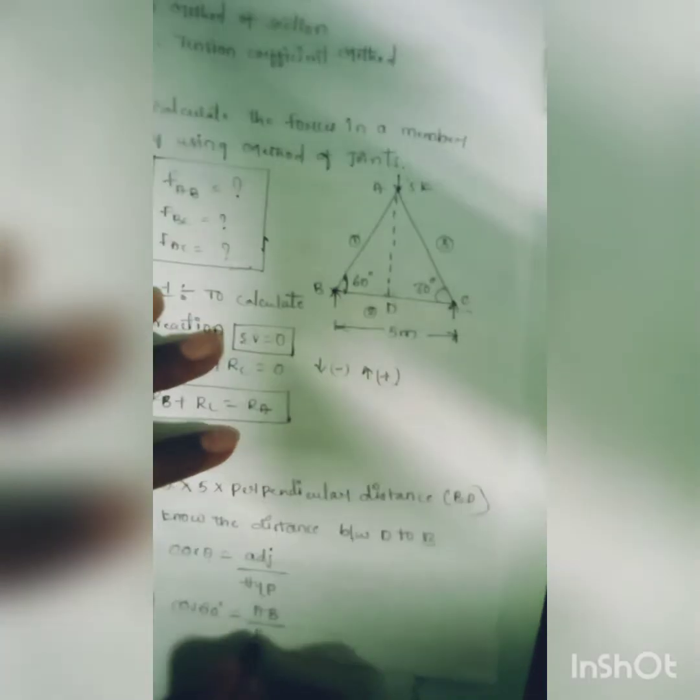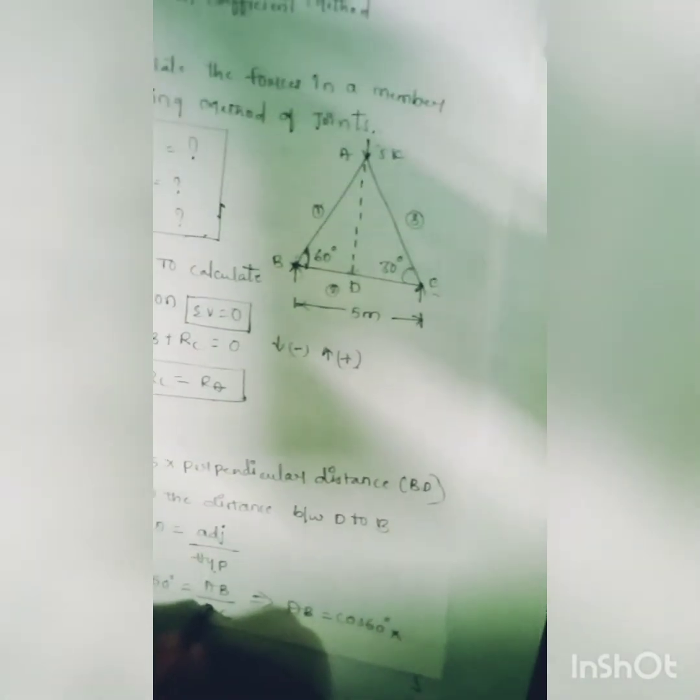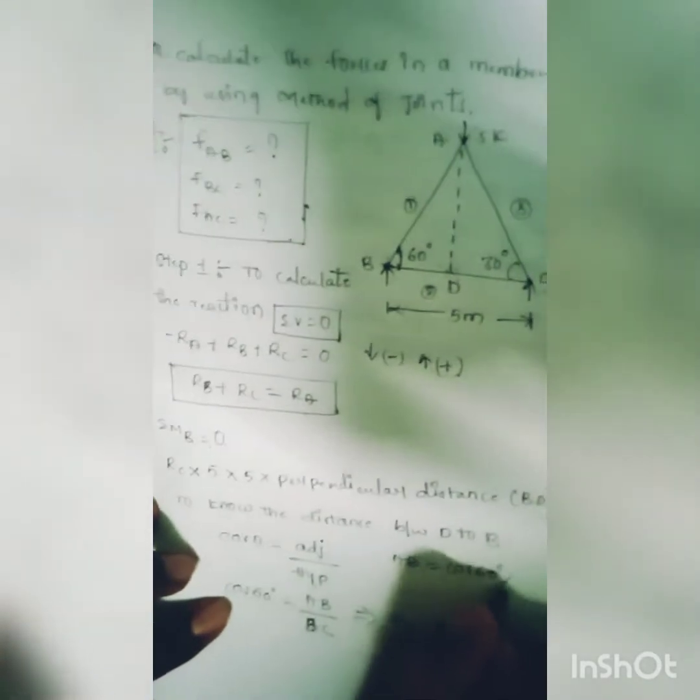It is BC, for the whole triangle AC. So AB equals cos 60 into BC.